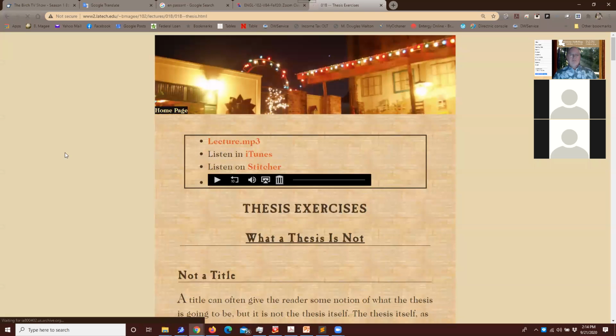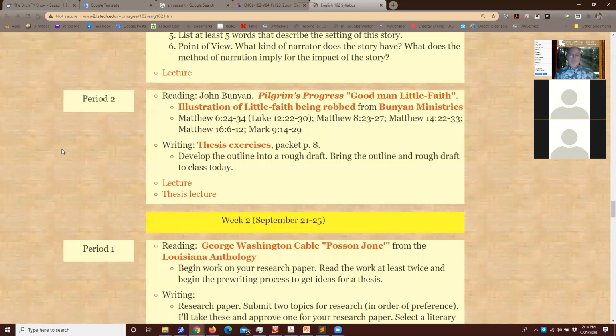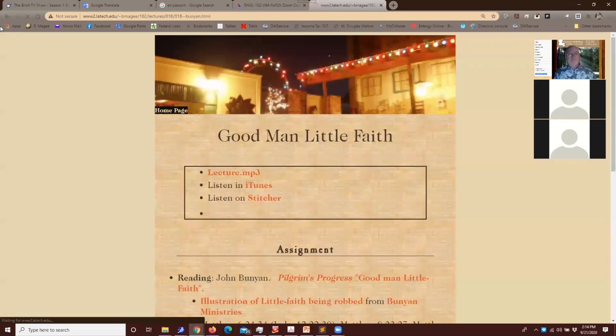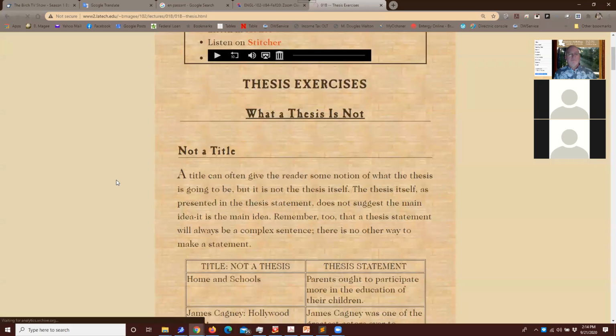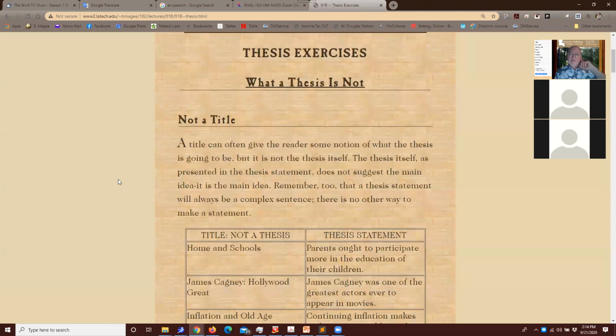All right, so just a heads up for down the road when we're writing, even this one needs a thesis and topic sentence. Topic sentences, that's separate. So we have this article about thesis statements.